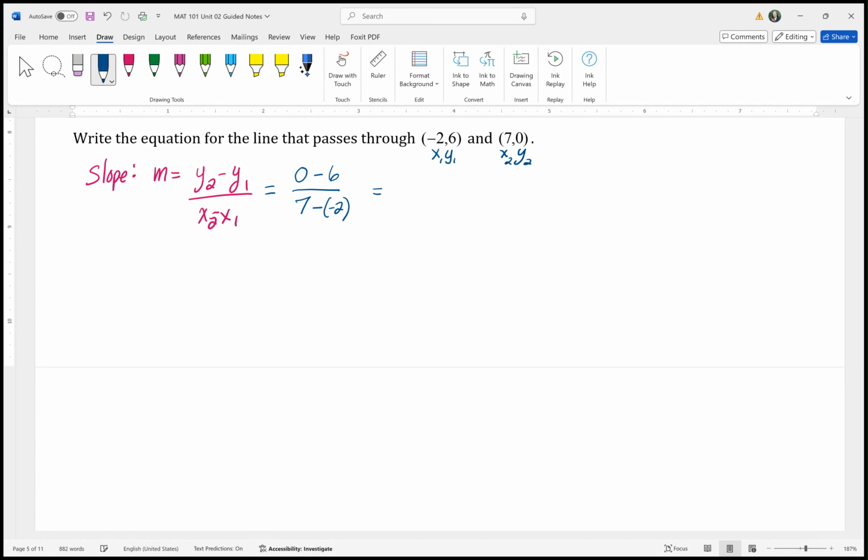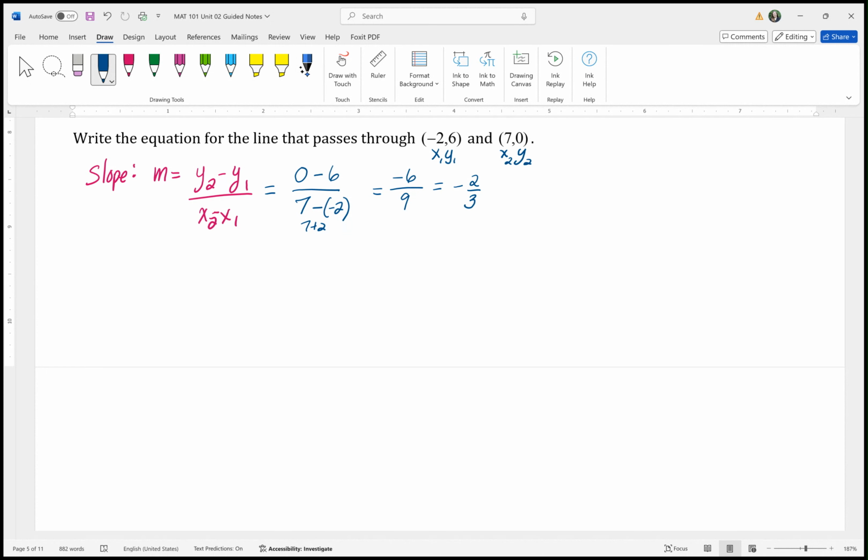Okay, so let's simplify this. This is negative 6 divided by, this is 7 plus 2, that's 9. Well, negative 6 ninths is not the answer. We need the simplified version. So when we simplify this, we get negative 2 thirds. They can both divide it by 3. So our m in our problem is negative 2 thirds.